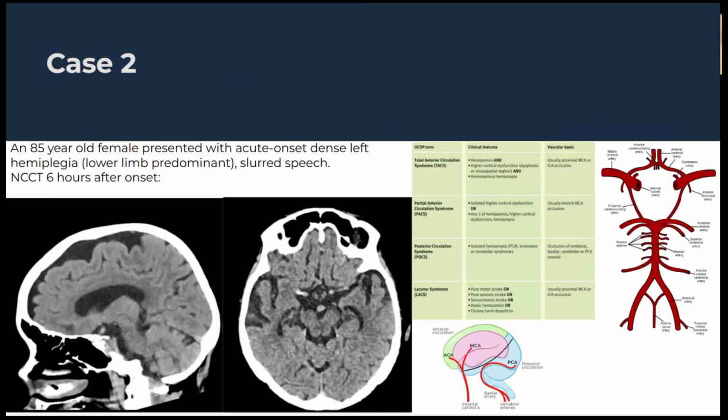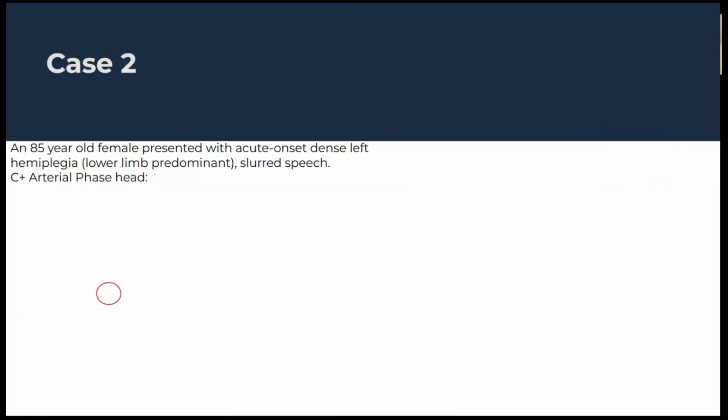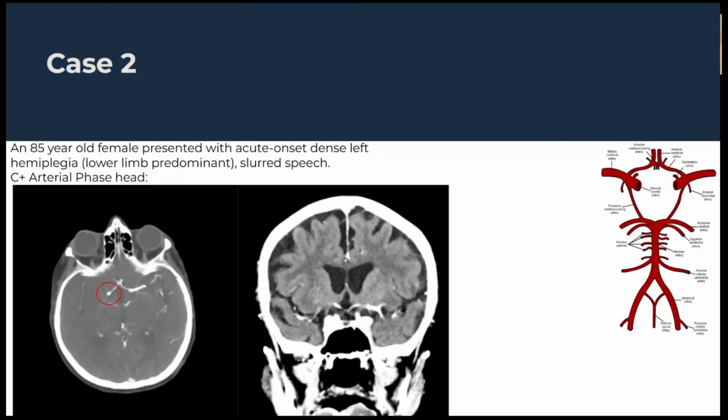And then you've got the different stroke classifications, which might help in deciding which vessels were affected. So in that case, you can see circled there on the scan on the left.